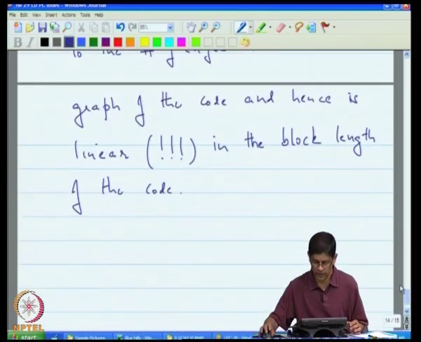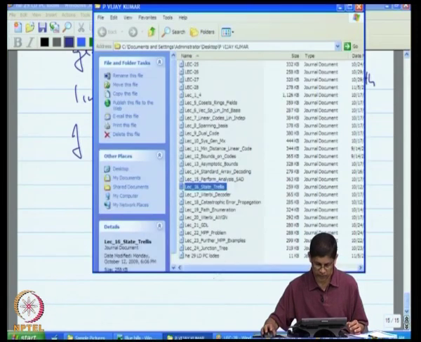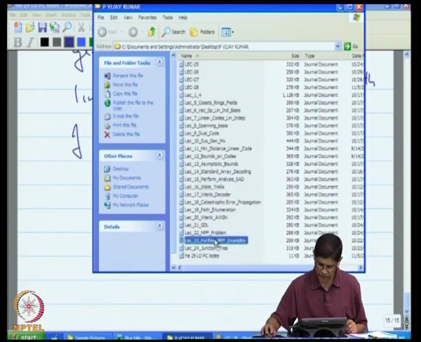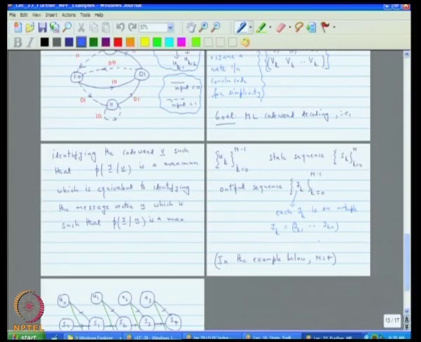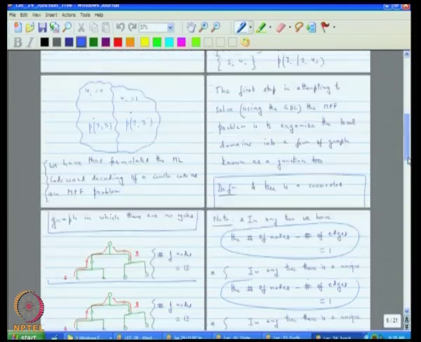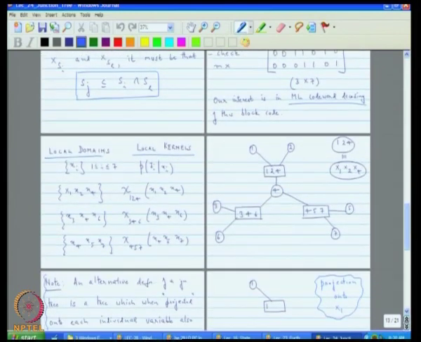If you recall, in an earlier lecture we looked at decoding the 7,4,2 block code. Let us see if I can pull that up. Okay, here we go.